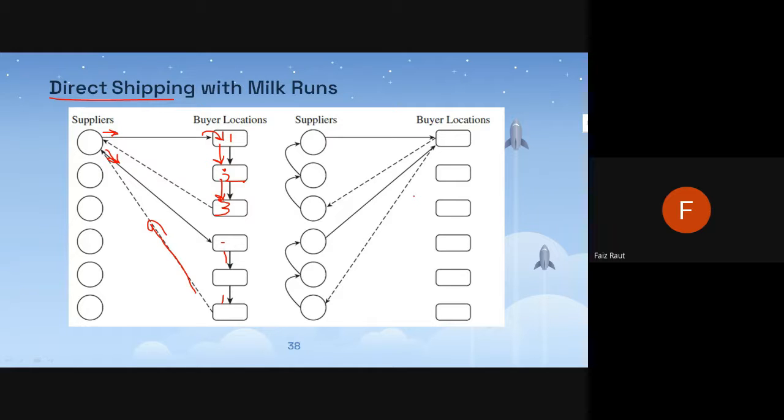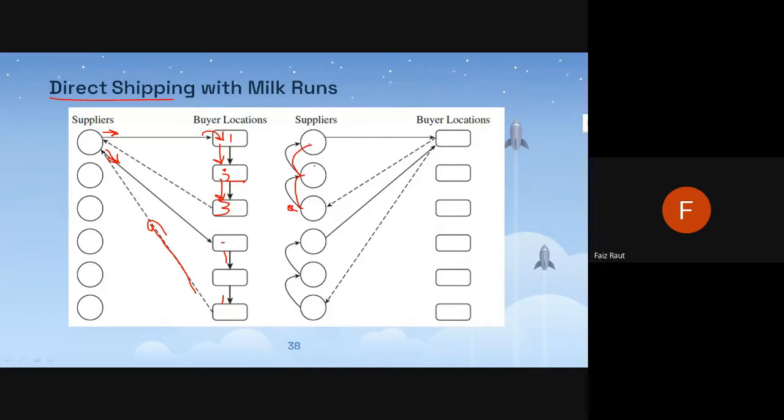Okay, in this, the other way around can also happen. In the earlier case, it was distributing, going to various buyer locations. In this case, it is going to various supplier locations and going to one buyer. That means a truck is starting its journey here. It is collecting materials from here. Then it is going here, collecting materials from here. Then it is going here, collecting materials from here.